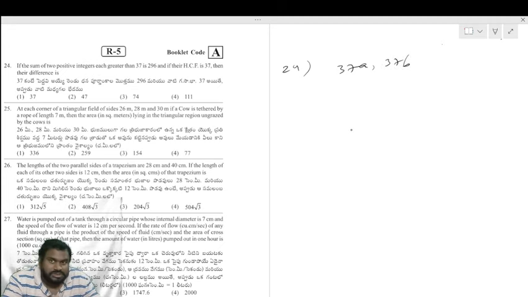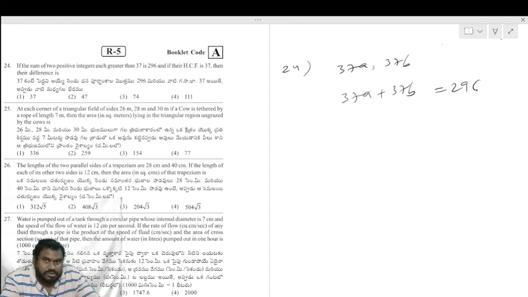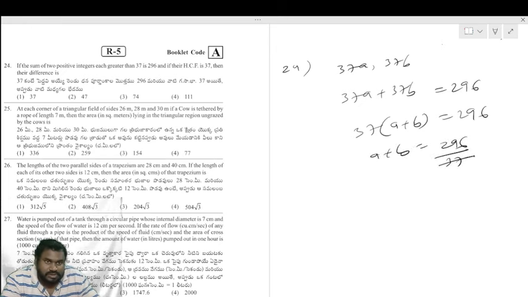He's asking about the difference. The sum is given as 296. So 37A plus 37B is equal to 296, 37 into (A plus B) is equal to 296. So A plus B is equal to 296 by 37.